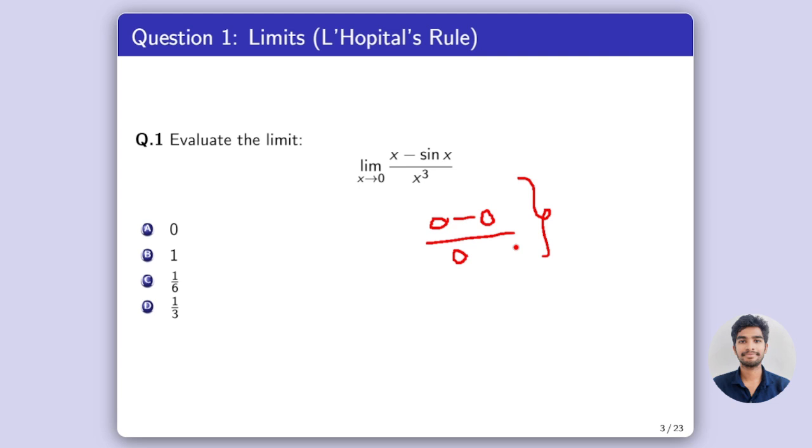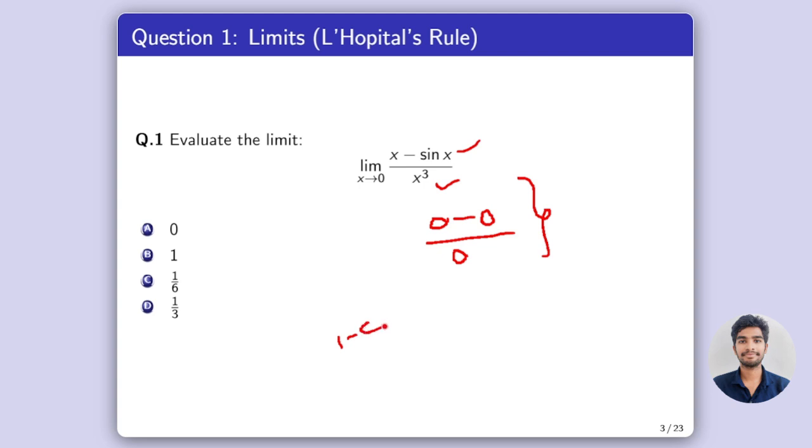It is an indeterminate form, so we need to differentiate this term and this term separately. After differentiating the terms separately, the derivative of x is 1 and minus the derivative of sin x, which is cos x.